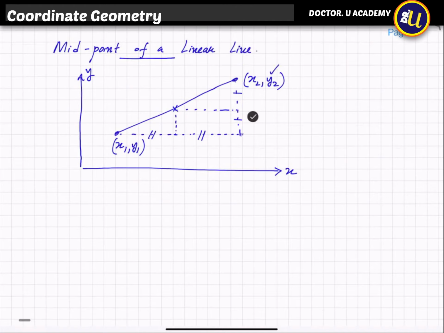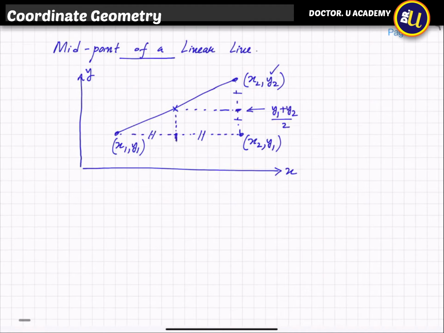So first of all we will write the coordinate at that point. The x coordinate would be x2, but y would be y1. So the y coordinate at this point would be y1 plus y2 divided by 2.